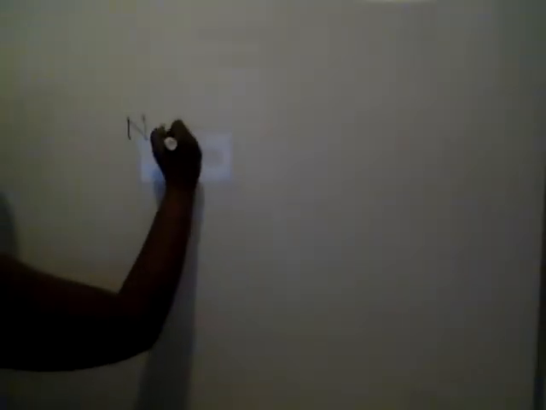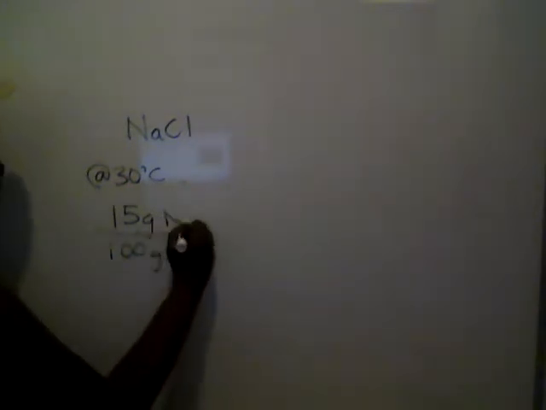So we said that for NaCl, when we compared the solubility at 30 degrees, about 15 grams could be dissolved in 100 grams of water. So at 30 degrees Celsius, about 15 grams of NaCl could be dissolved in 100 grams of water.